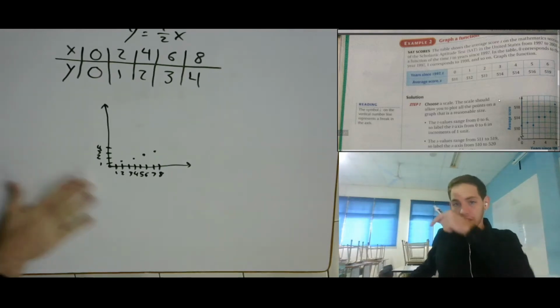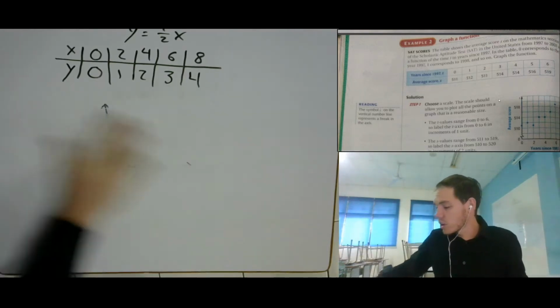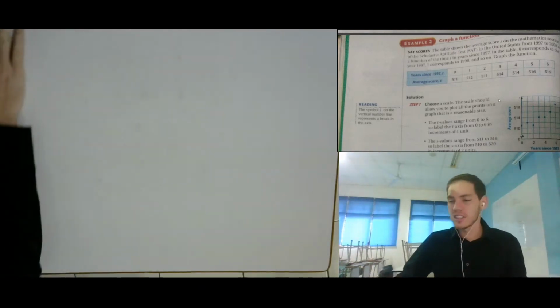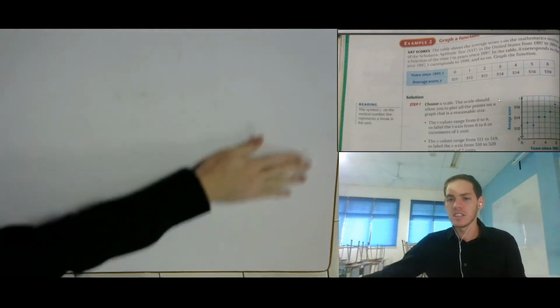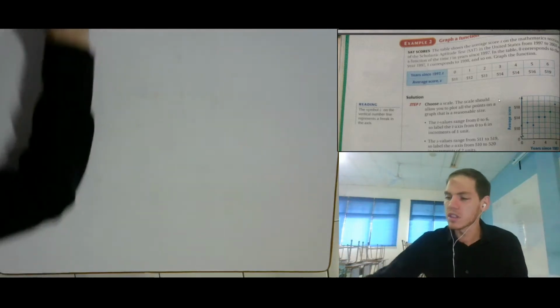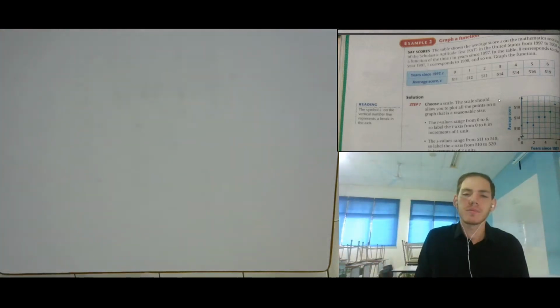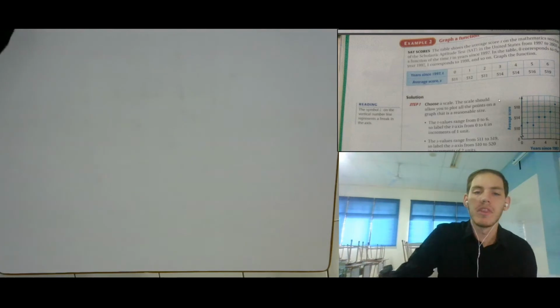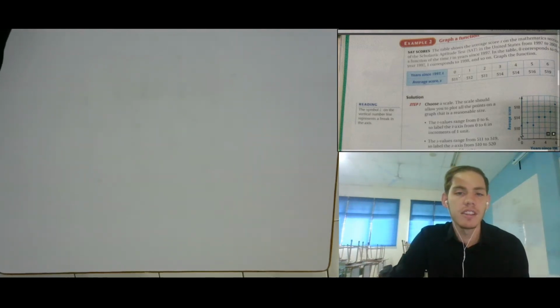Now, graphing a function, they give us the SAT scores and the years since 1997. You notice the average score slowly going up. Now this was back in the past, and it has definitely changed. So they have the table.